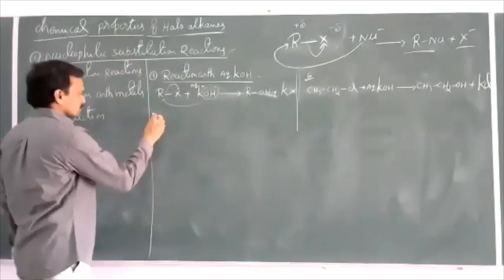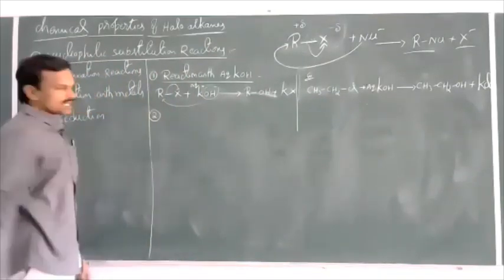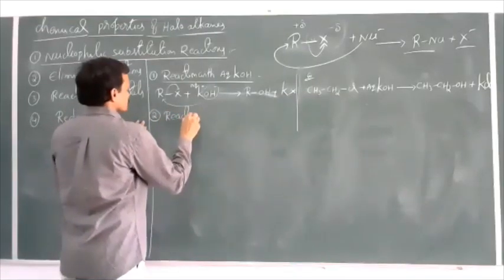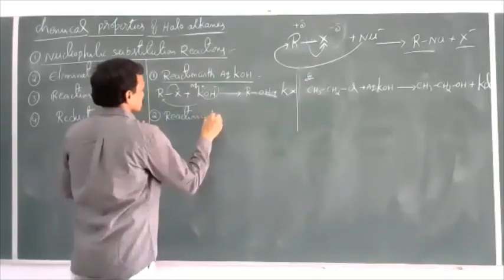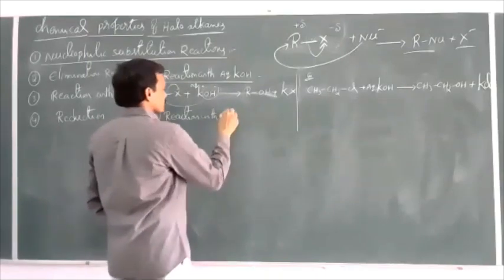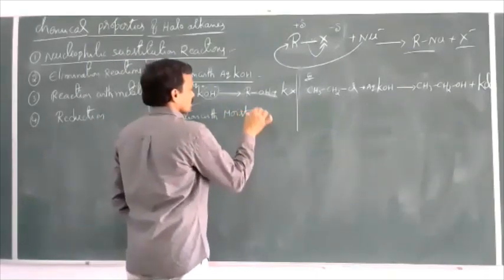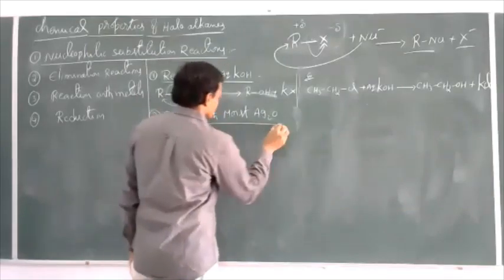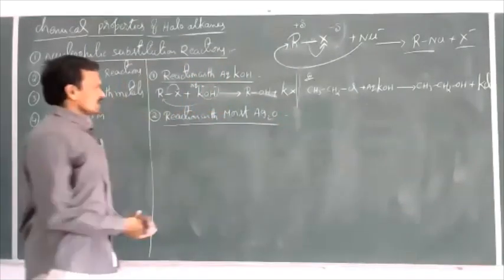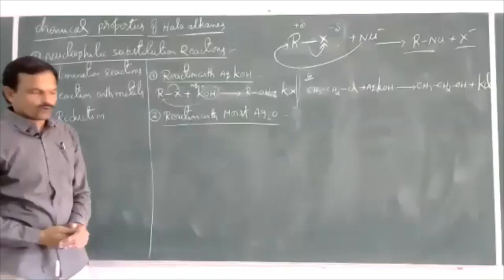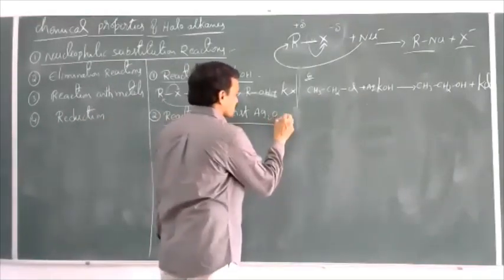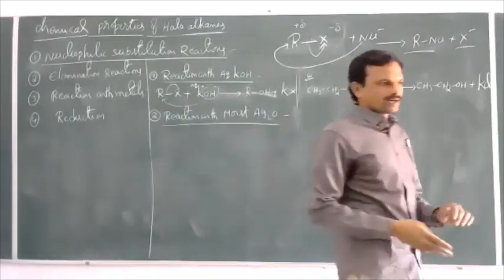Next, this is the first one. And the second one, reaction with moist silver oxide. What is this moist silver oxide? See, in a reaction, we can take silver oxide in two states under two different conditions.